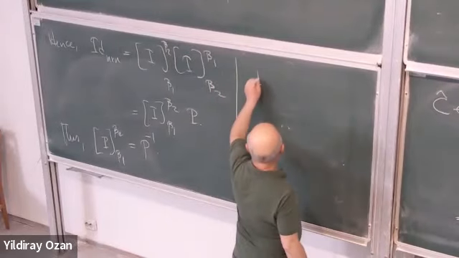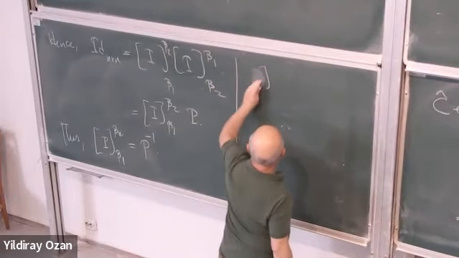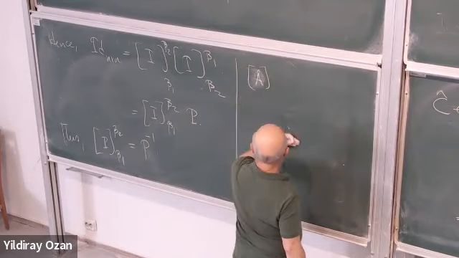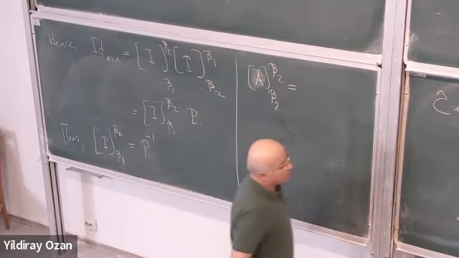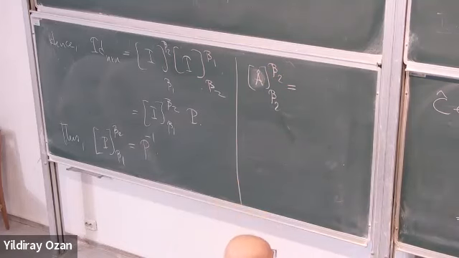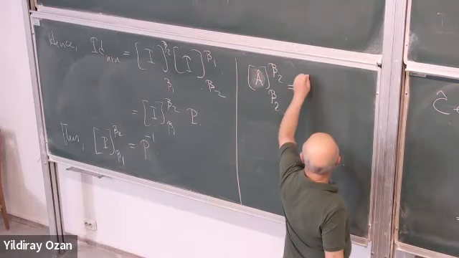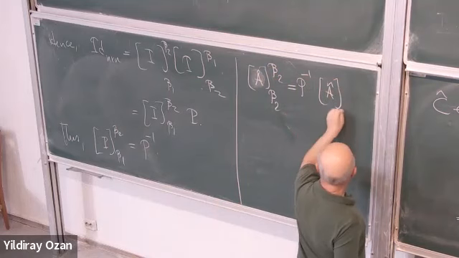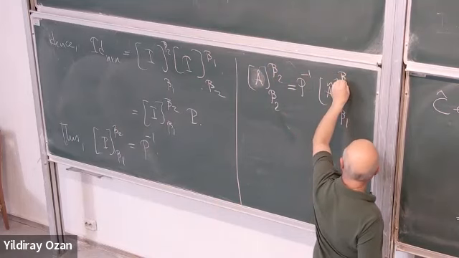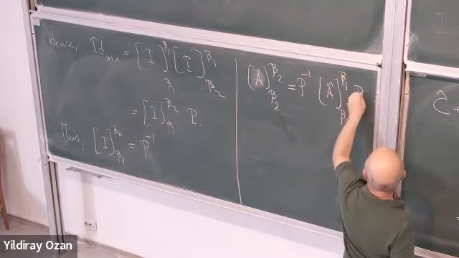The matrix representation of A hat in a basis, let's say beta 2, is equal to P inverse here, the matrix representation from beta 1 to beta 1, and then I have P here.